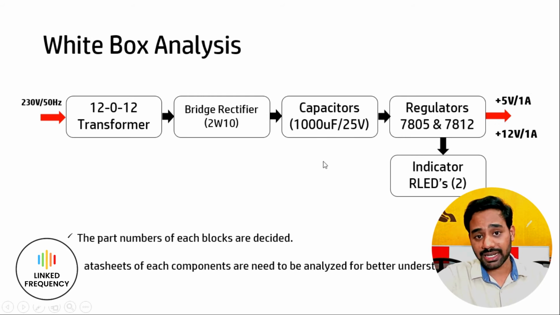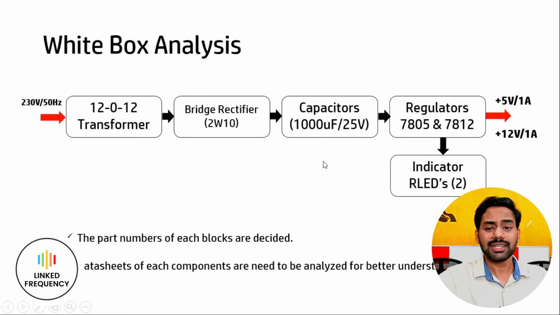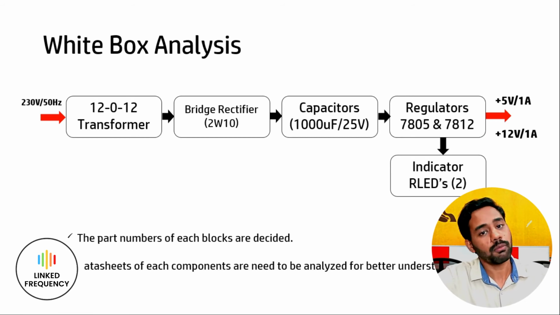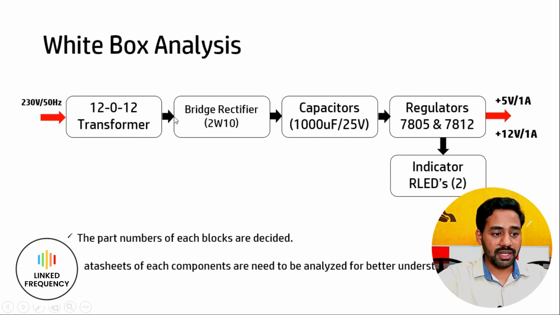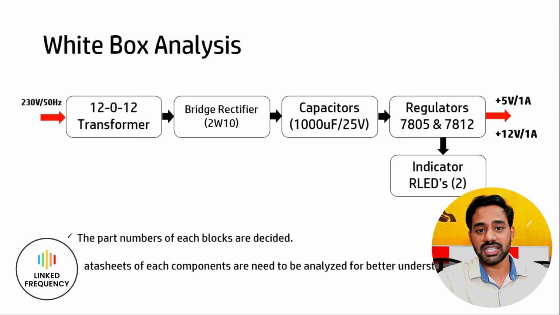To perform their activity, they will consume some power and dissipate power in the form of heat. So if we are giving the input here as only 12 volt AC, after doing the rectification and the filtering process, you cannot expect the exact 12 volt. And also the regulator will consume some power or energy in between, which will dissipate in the form of heat.